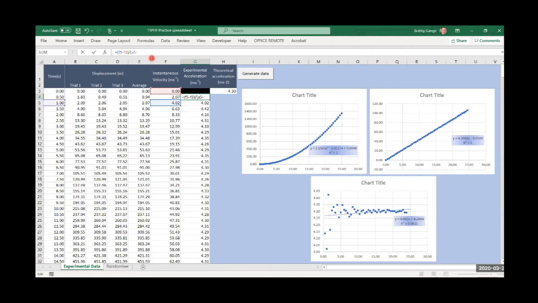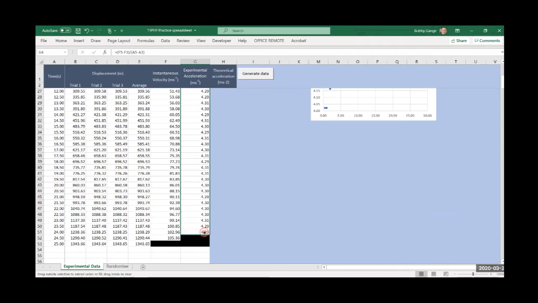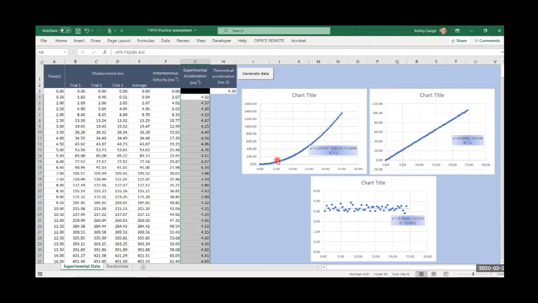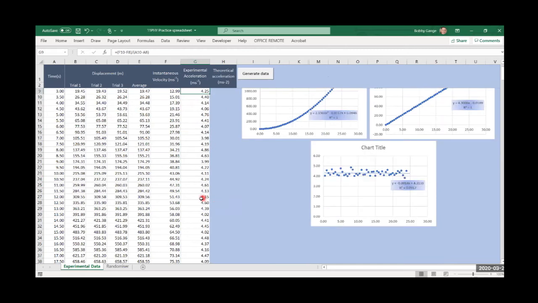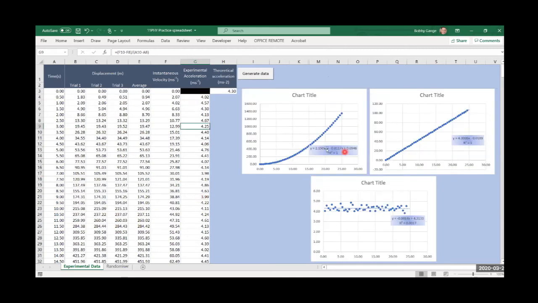I put that in and drag that all the way down, and that should be your experimental acceleration. The acceleration is changing from time to time, but that's what we expect. Have a look at your chart, which will be different again to mine.